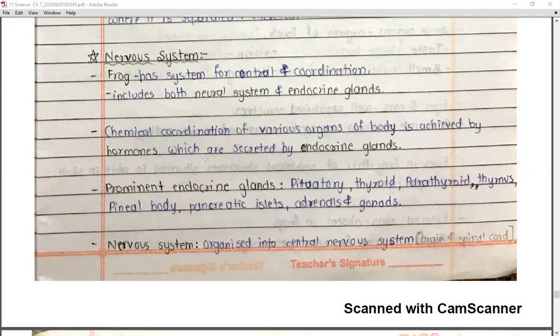As this coordination is carried out with the help of chemicals known as hormones, this type of coordination is known as chemical coordination.